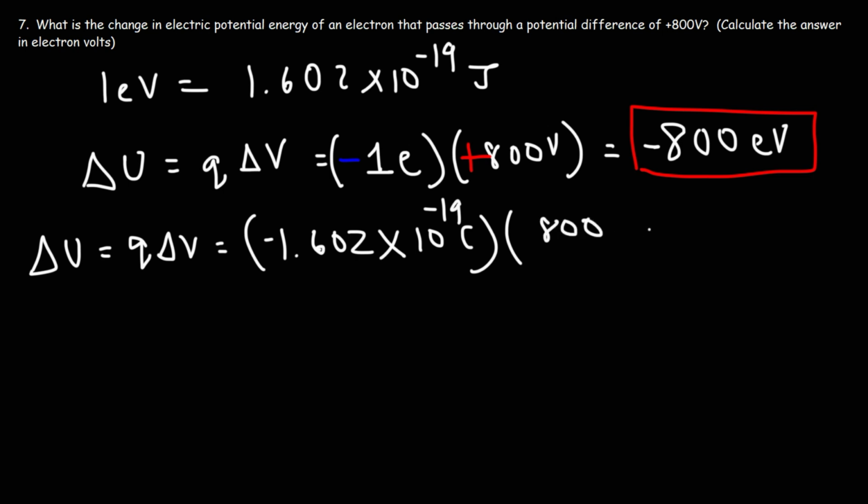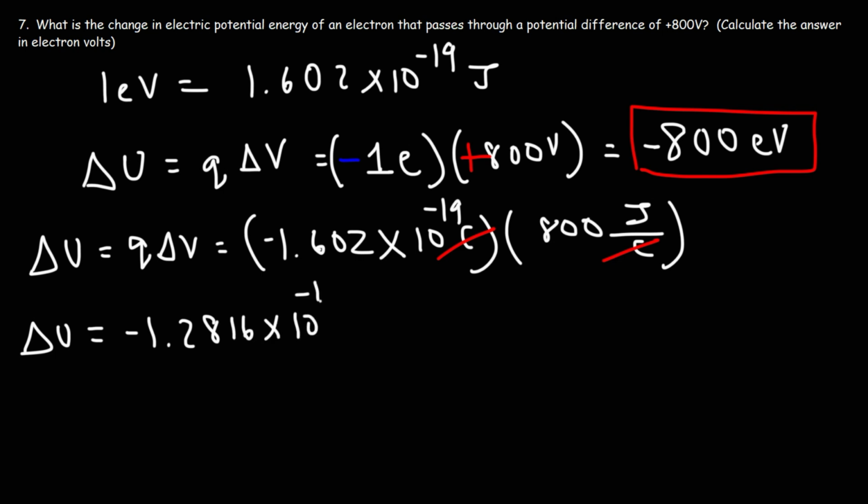But we can replace the unit volts with joules per coulomb. 1 volt is 1 joule per 1 coulomb. So here we can see the unit coulombs will cancel, giving us the energy, or the change in energy, in joules. So the change in electric potential energy is negative 1.2816 times 10 to the negative 16 joules.